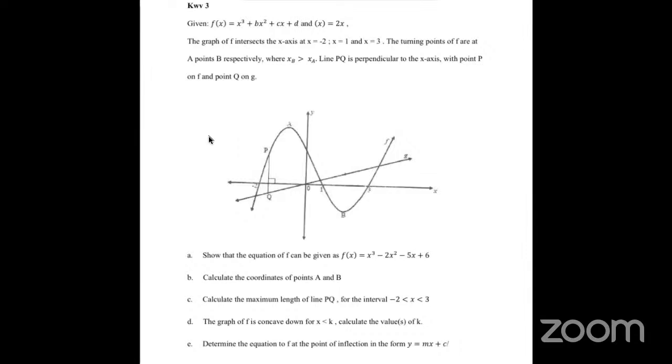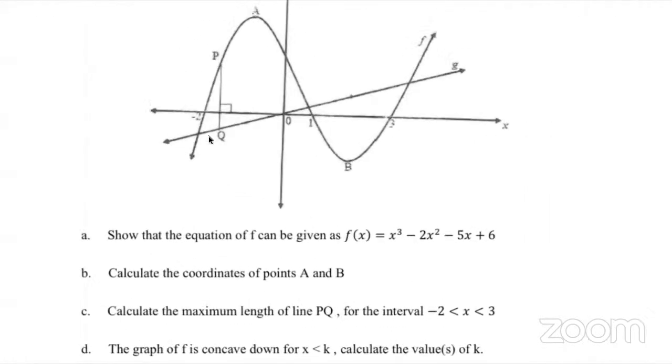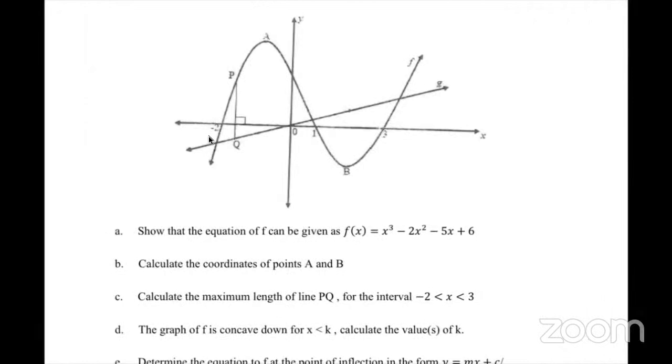And then at B, I took the derivative of the formula to find the x values of the two turning points, and I found negative 1 and 5.